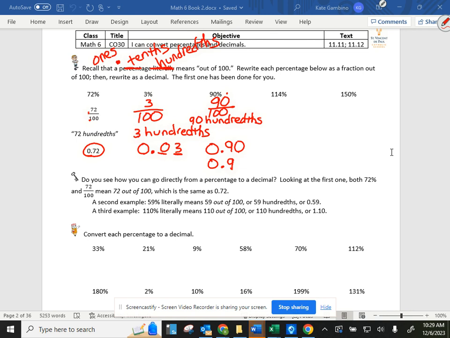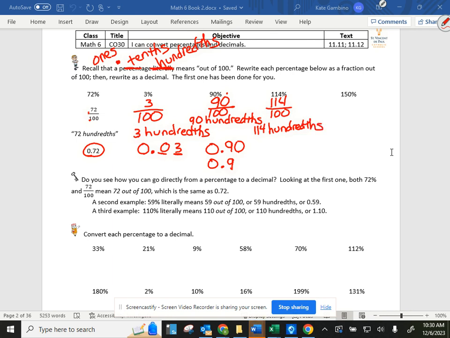Now we have 114%. What does that fraction look like? Layla. 114 over 100. So that is 114 hundredths. Well, that's interesting.